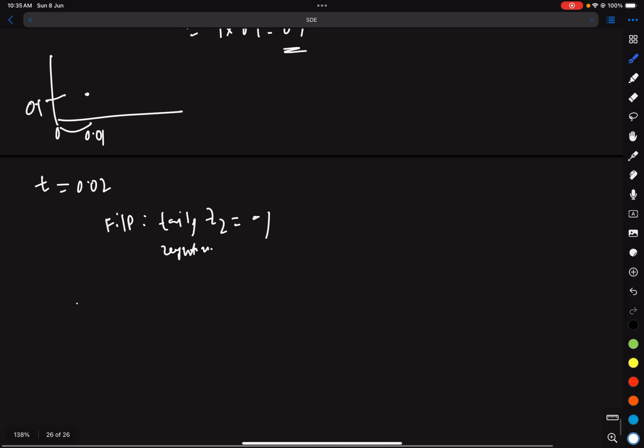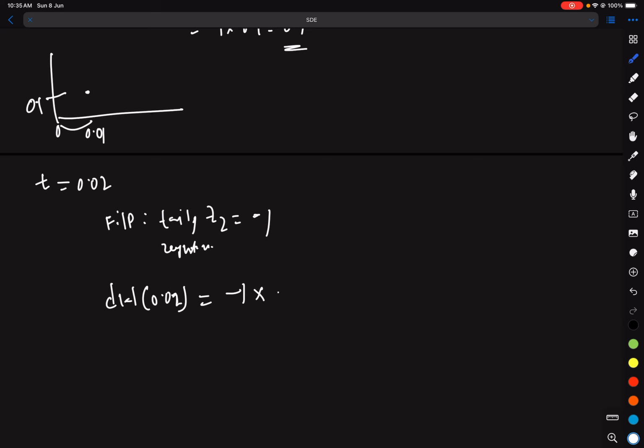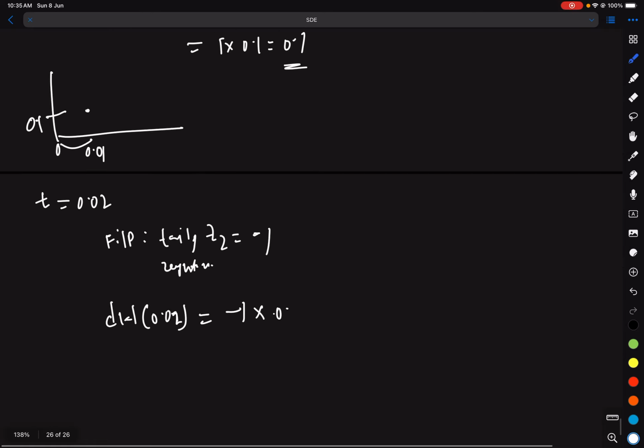Okay, so to calculate this again, we do the same thing, we calculate dw at 0.02, right, and our z value is minus 1, and we know our standard deviation, which is the square root of delta t, is 0.1.